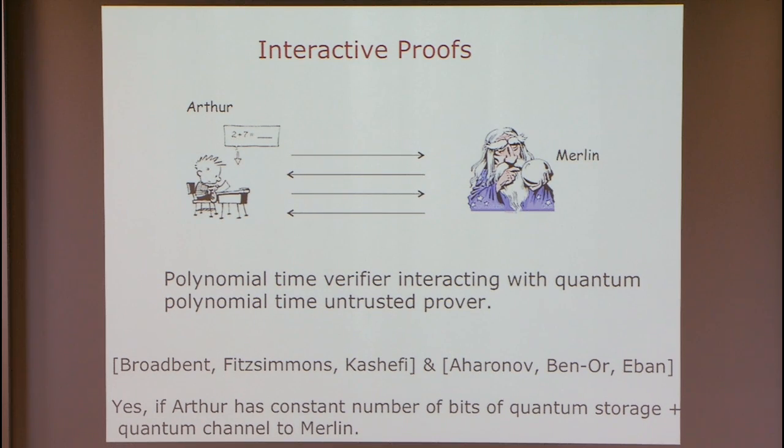So some constant number of qubits of quantum storage and a quantum channel to Merlin. But other than that, you have Arthur with this small augmentation, other than that is classical and is interacting with Merlin. And so it turns out in this case you can actually verify anything that Merlin says.